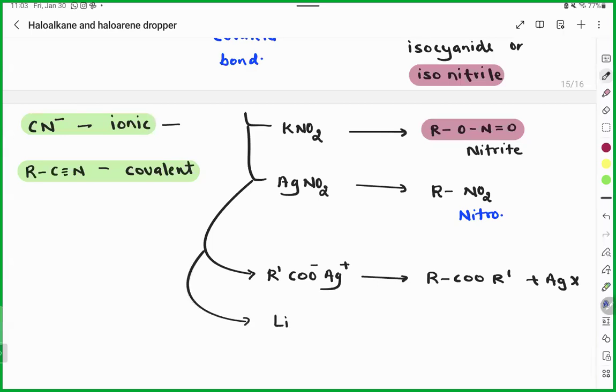Last, if you take lithium aluminum hydride, Tuhina, this is also important. So if you take lithium aluminum hydride, what will be the product, Tuhina? Sir, I'm not sure. I forgot.